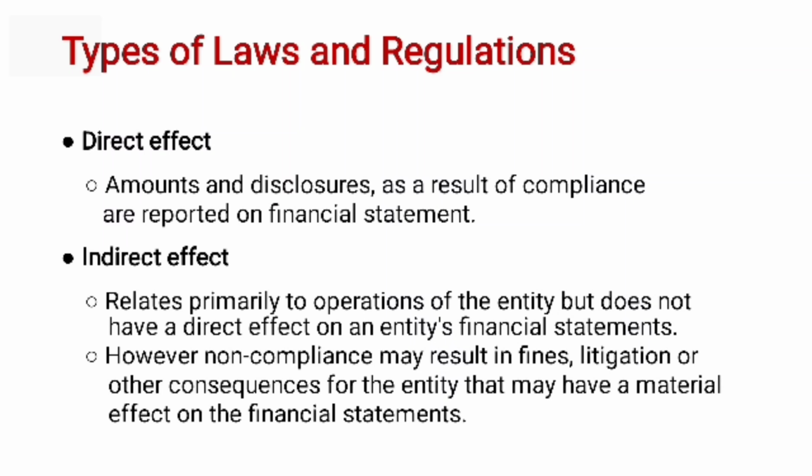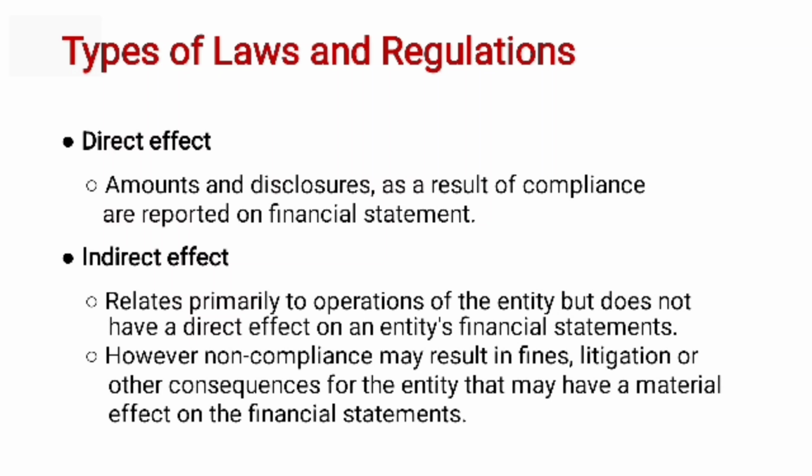As for the types of laws and regulations that could affect our clients, we have the first type, the direct effect. Direct effect: amounts and disclosures as a result of compliance reported on the financial statements. So these laws and regulations can result in amounts or disclosures that are reported in the financial statements of a client. Examples are tax laws and regulations, and pension laws and regulations.